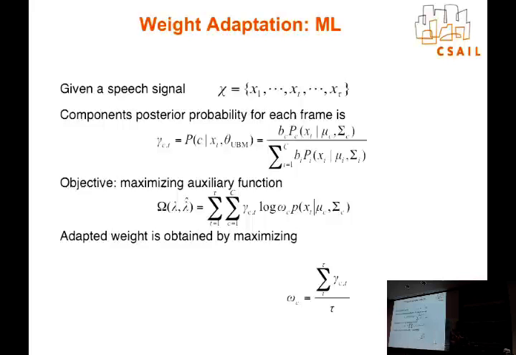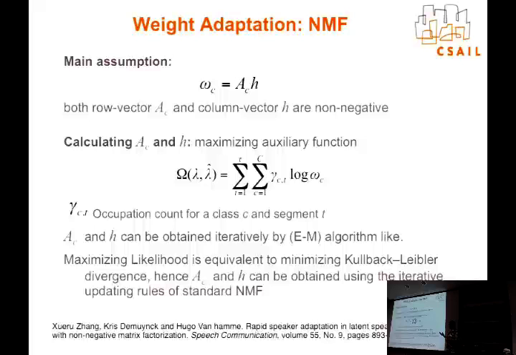If you want to do it in a smarter way, you can use non-negative matrix factorization. You say that the weights can be split into two non-negative subspaces, and you maximize the auxiliary function or minimize the Kullback-Leibler divergence with the constraint that the weights should sum to 1 and also be non-negative, because you are decomposing a non-negative matrix into two non-negative matrices.